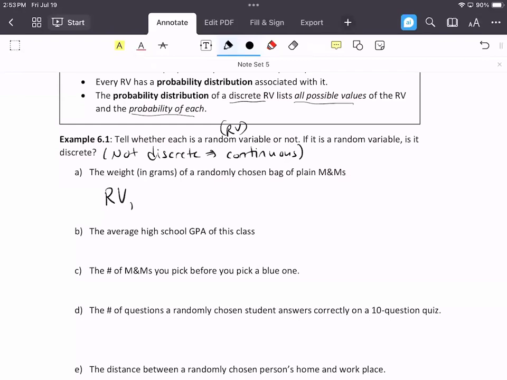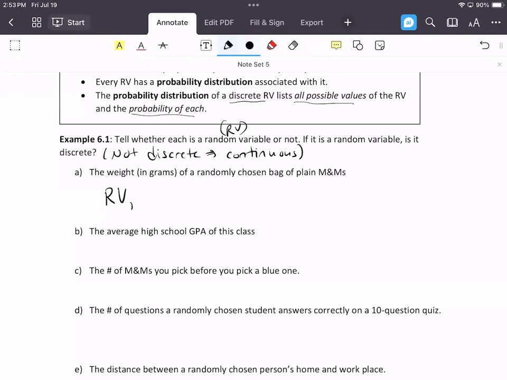Now we have to decide whether it's continuous or discrete. You maybe think, well, I'm going to plop those M&Ms on a scale and it'll tell me how many grams there are. So it's discrete. Not so fast. If you get a better scale, could you get a better, more accurate value? And the answer is yes.